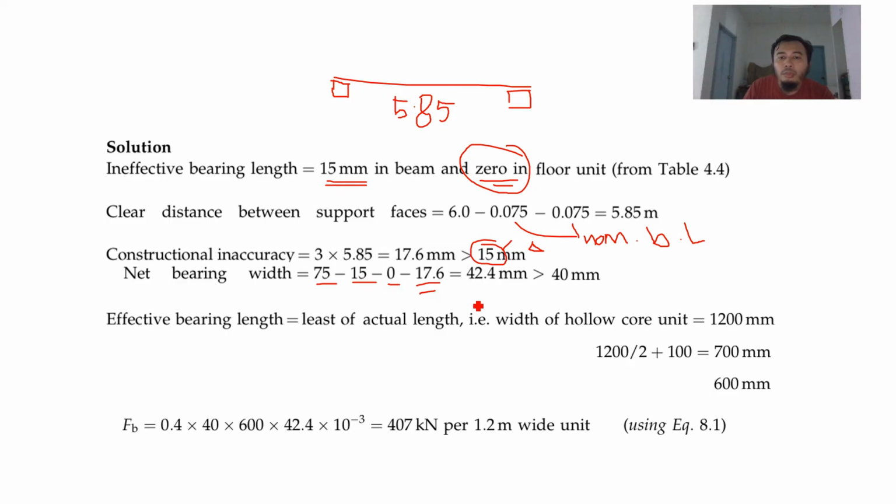Actually, 17.6 is the constructional inaccuracy, but the 15 is from the ineffective bearing length of the beam. So this is for the beam, this is for the slab. We need to subtract them all from your nominal bearing length. So you get 42.4 mm, which is larger than 40 mm.